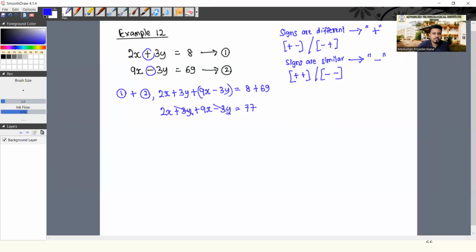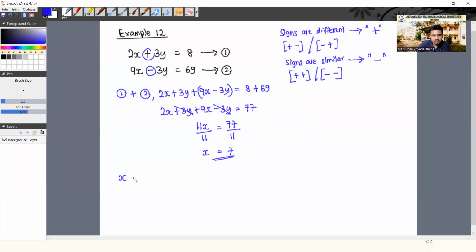Then what will be left here on our left hand side? 2x plus 9x, that is 11x, equals 77. Divide both sides by 11, therefore x will be equal to 7. We have found the value of x to be 7.